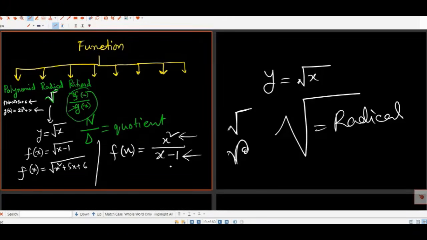Whenever we have this ratio, this is not called polynomial function. This is called rational function. So do you get my point? Yes, sir. Okay.